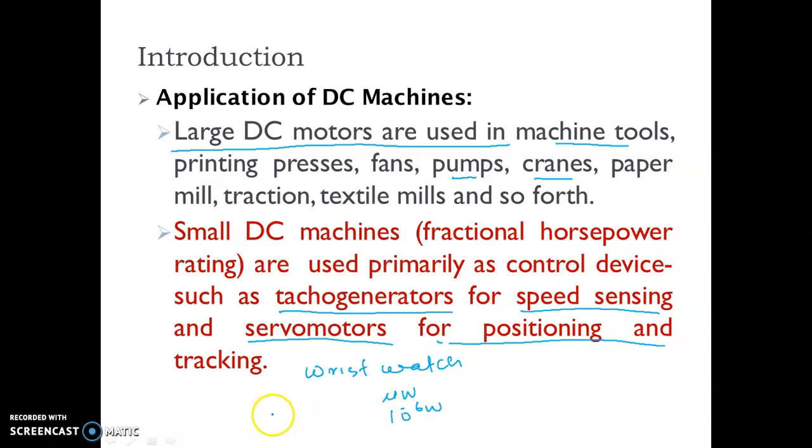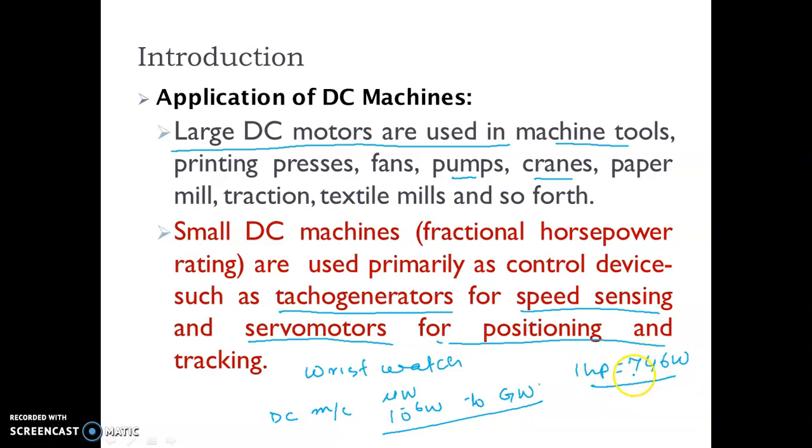DC machines are used from microwatt to gigawatt. The microwatt range is used in a wristwatch.